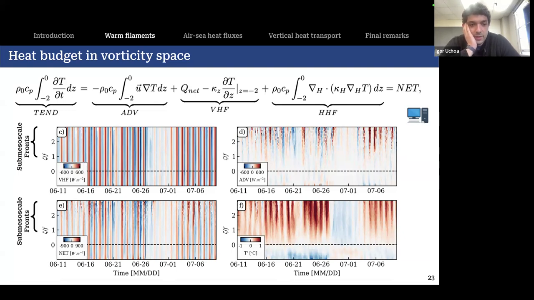And for the region that I'm studying, the California current is well known for not having that much precipitation. So I was wondering if, as precipitation goes up, you see any differences in the formation of warm filaments or the vertical heat flux?